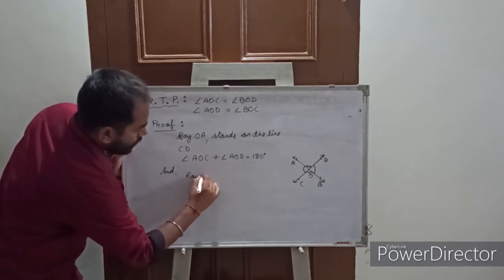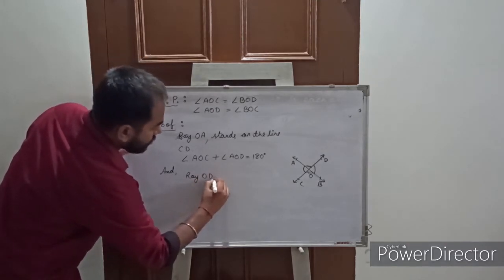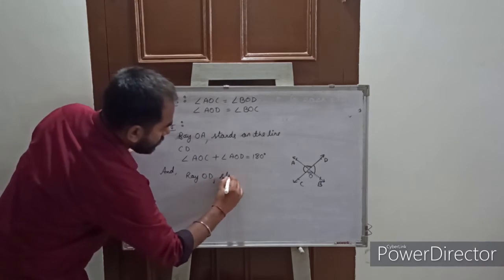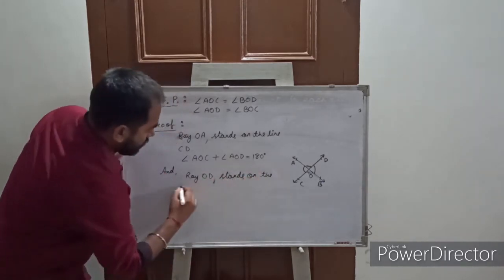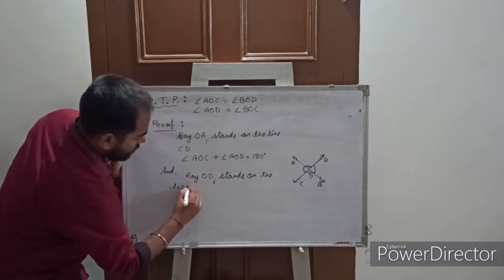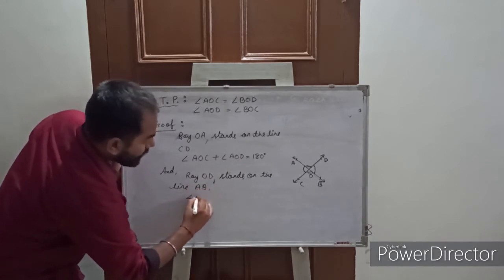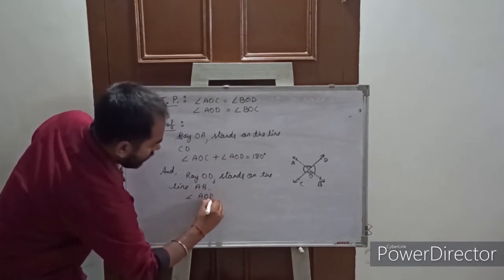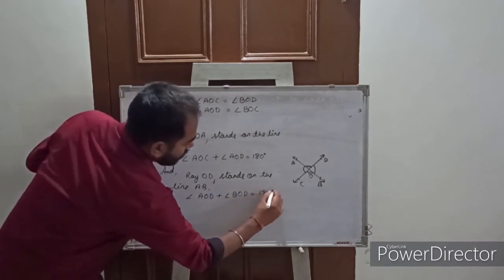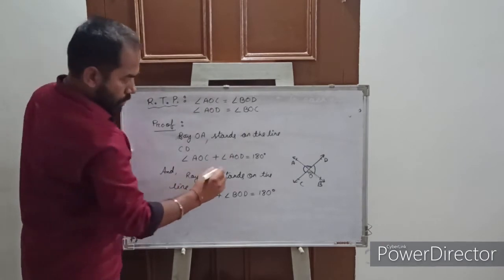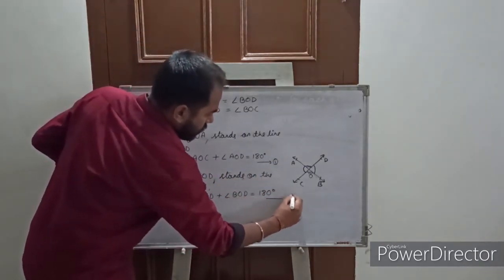Similarly, ray OD stands on the line AB. So we can say angle AOD plus angle BOD is equal to 180 degrees. We mark this one as number 1 and this one as number 2.